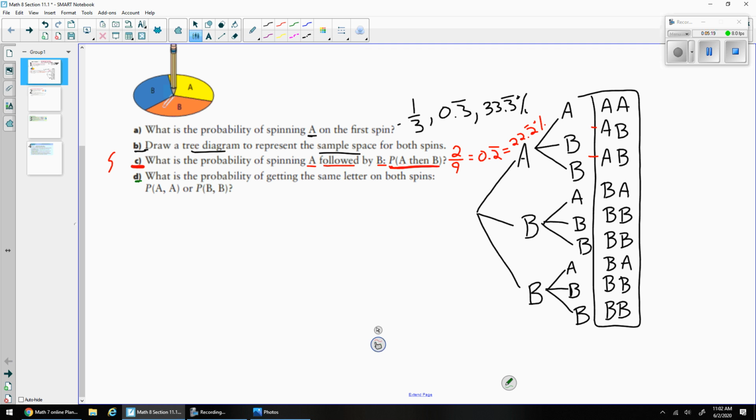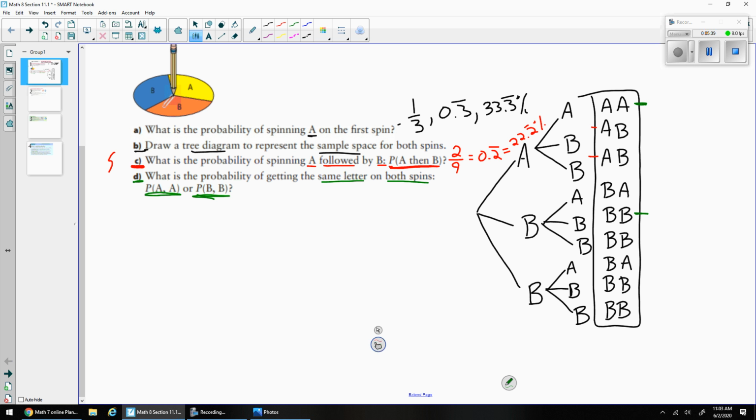Okay, so for D, what is the probability of getting the same letter on both spins? So probability of A and A, or probability of B then B. So probability of getting the same on both. Well, A then A is the same letters.